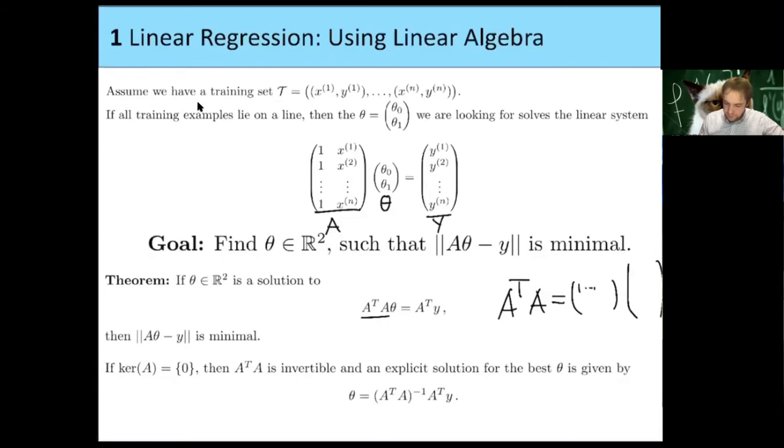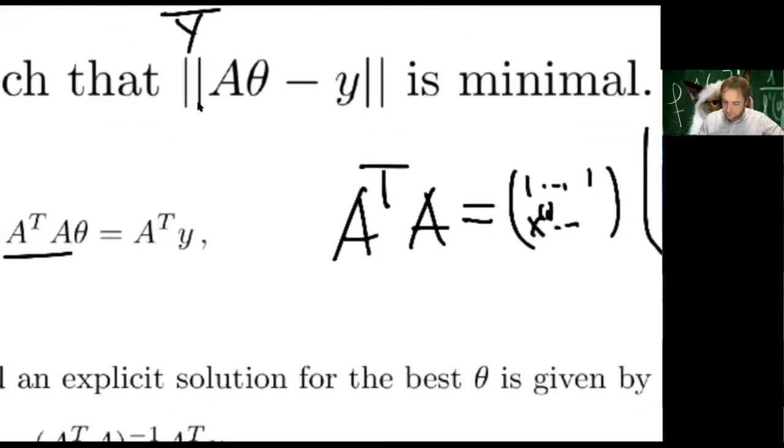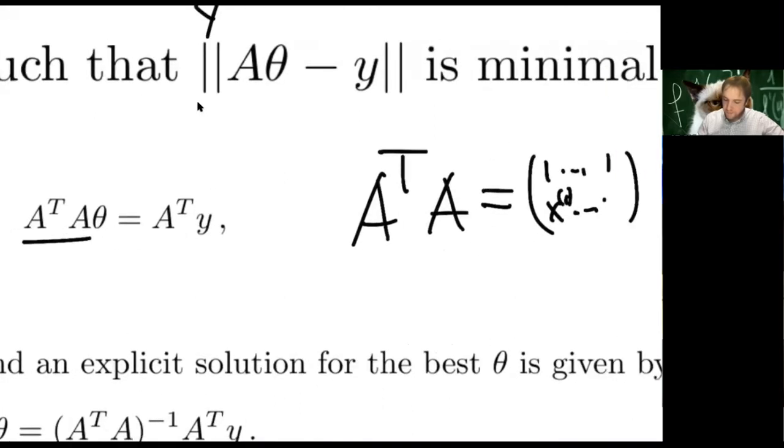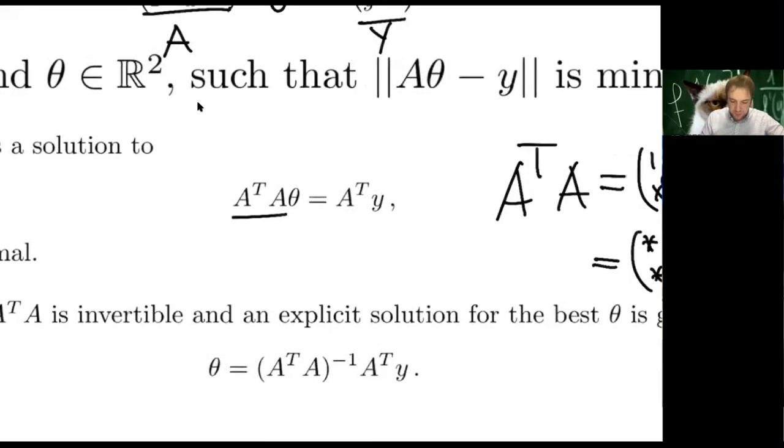I have this matrix here. This is the transpose of A. And I multiply it with A. So in the result, if I multiply a 2 by n matrix with the n by 2 matrix, the result is a 2 by 2 matrix with some entries you can calculate. So this here is a 2 by 2 matrix.